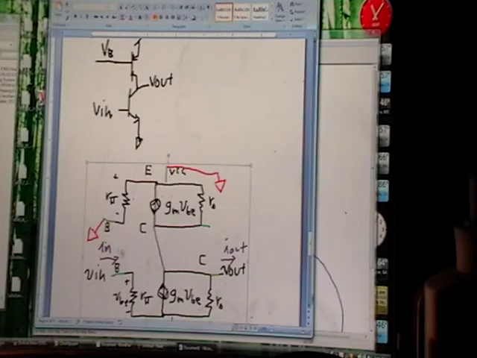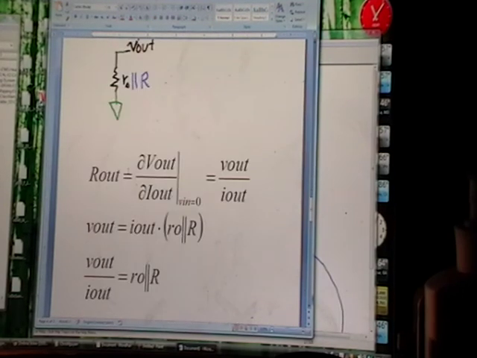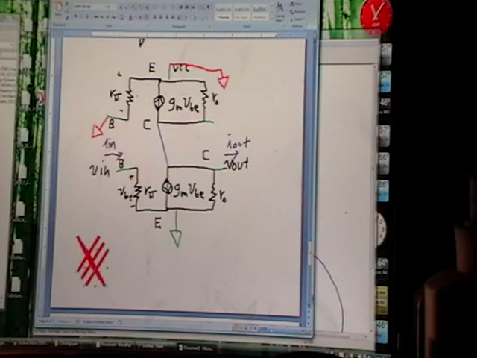Okay, so let's see. Can we get rid of some stuff? Up here, the emitter of the PNP is ground, AC ground, virtual ground. The base is ground, so this goes away. If B and E are both ground, VBE is 0, so that goes away.